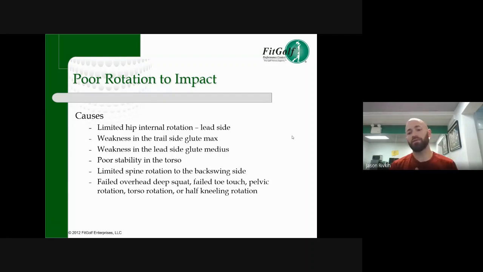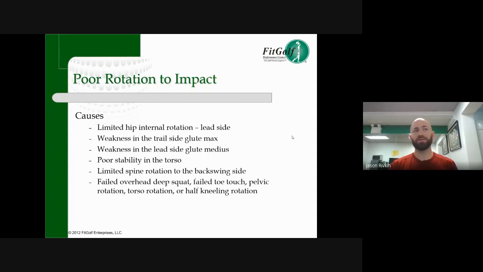Could be a lack of lead side hip internal rotation for a right-handed golfer, right? So that's tight glutes, tight hip muscles. Could be weakness in the trail side glute. So if I'm a right-handed golfer, if my right glute is weak, then it's going to make it difficult for me to turn my right hip to the left to get my hips open before impact.